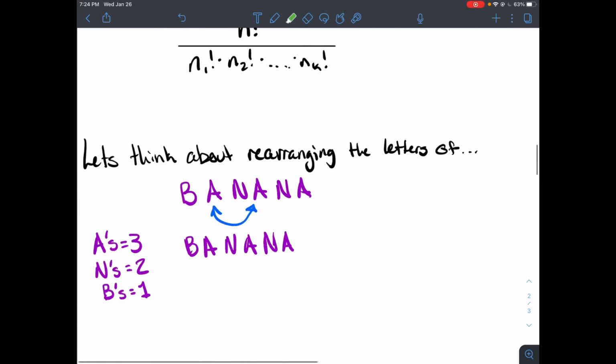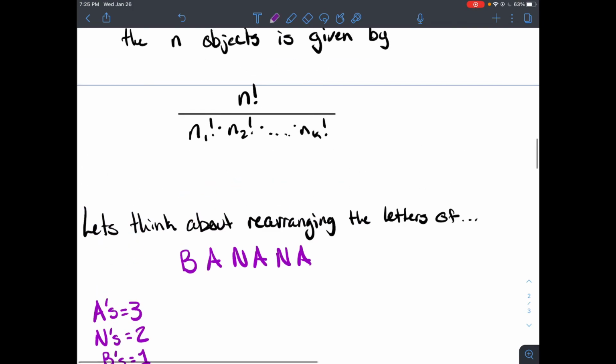So that means that we can't just swap this A and the A, because that is not distinguishable. This banana up top is not distinguishable from this one. They are the same word. So we are going to use this formula to help solve.